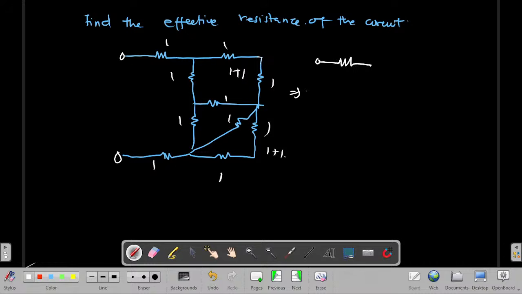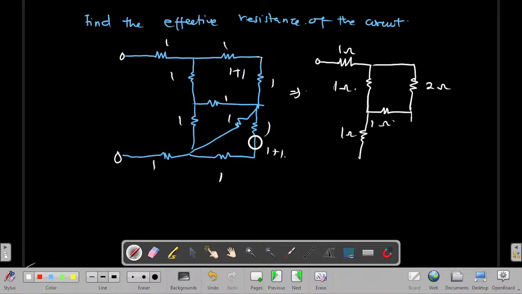I have this to come down. This will move to this level. So at this point, remember that I've already combined this, so it becomes 1. I'll have 2 ohm, I have 1 ohm, I have 1 ohm. Then I have my base here, which is 1 ohm. This also comes here, 1 ohm, right?